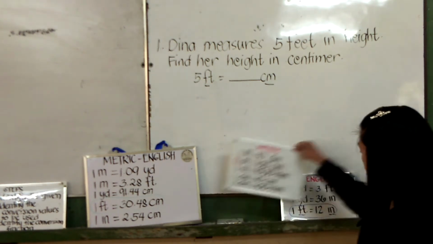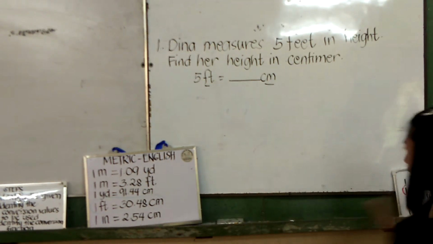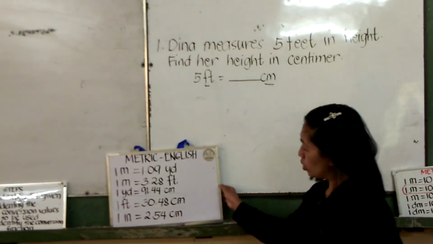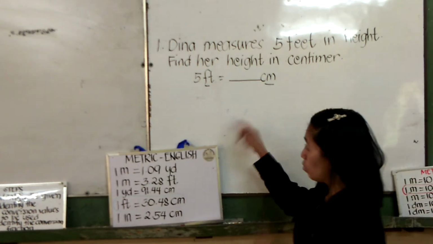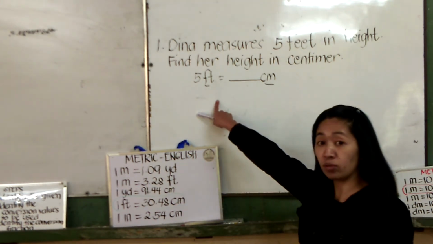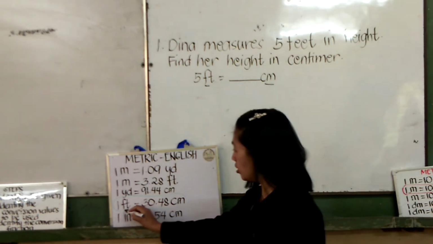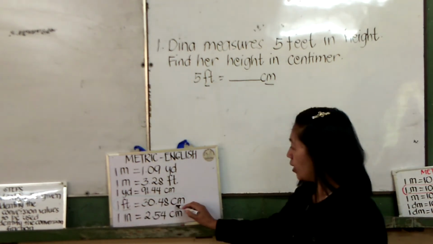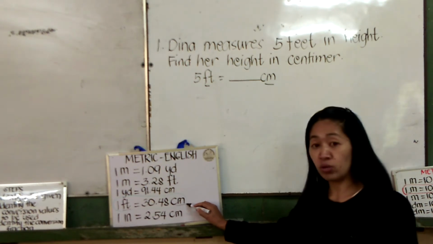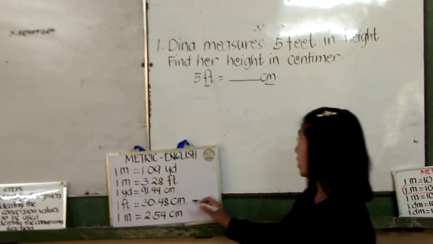Okay, so we will disregard these 2 tables because we can find on this metric and English conversion the problem that we are going to solve. Since this is feet and then centimeters, we will use this table or this conversion of units.